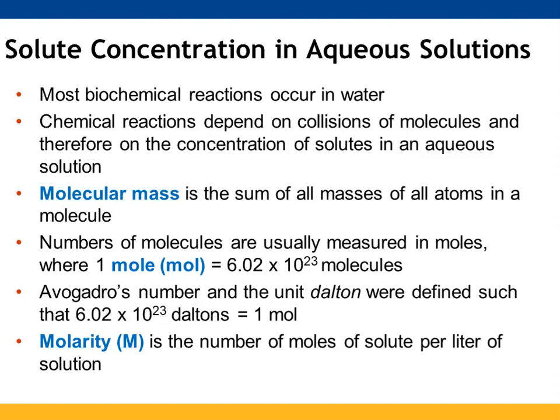So if we know that 1 mole of water is 18.02 grams, we know that 1 mole of water also consists of 6.02 times 10 to the 23rd molecules. And the Dalton term that I talked about earlier on is representative of the same amount as the molecules. So it would also be equivalent to 6.02 times 10 to the 23rd Daltons.